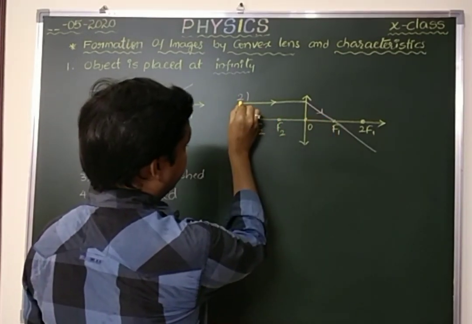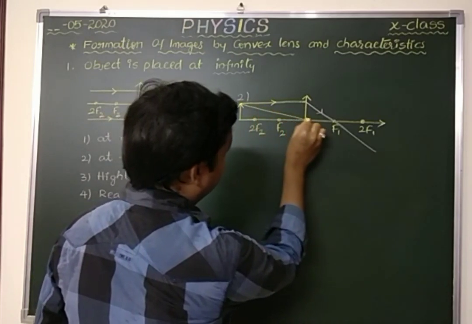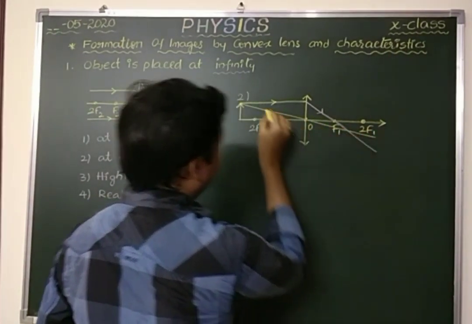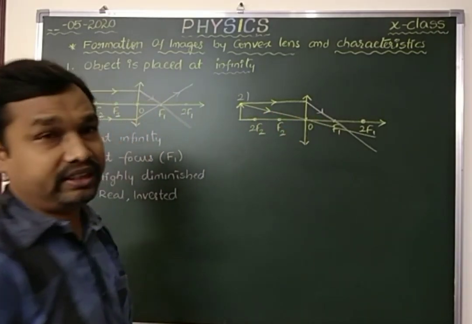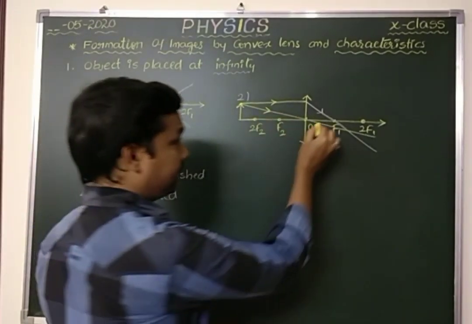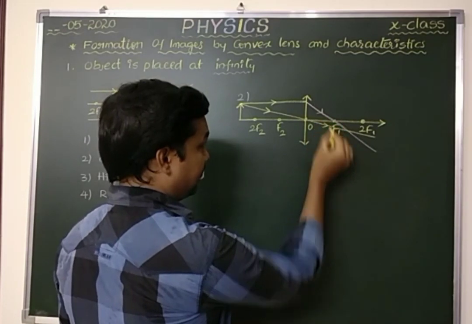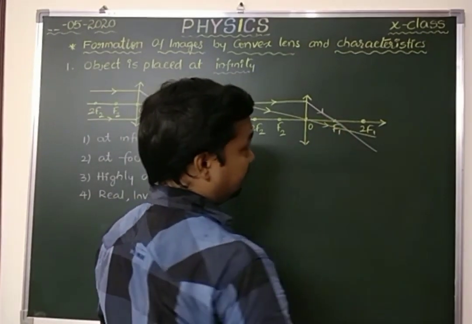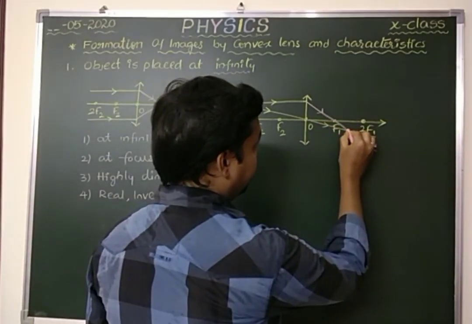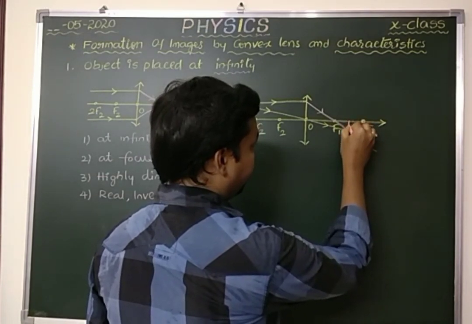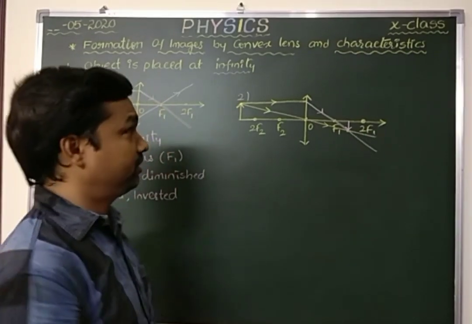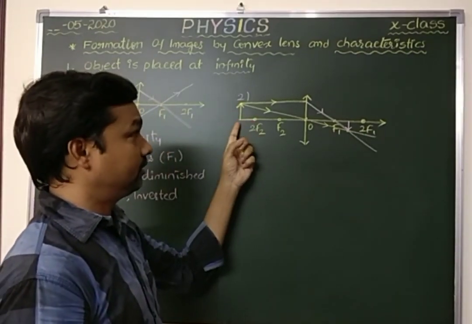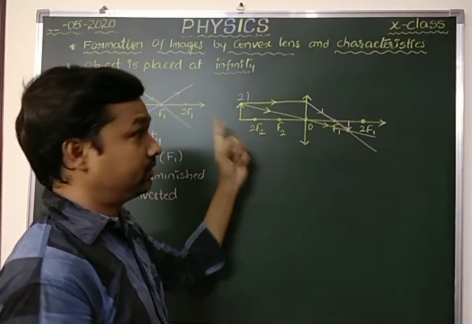You can take any. If a light ray passes through the optic center, there is no deviation; it gets refracted, moving like a straight line. So where is it converging? It is converging at this point. This is the image position. Where is the object? Object is placed before the center of curvature.